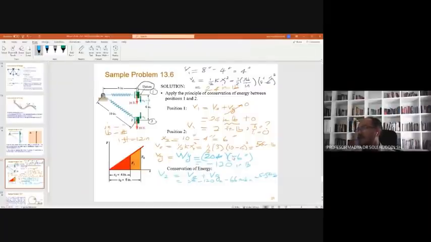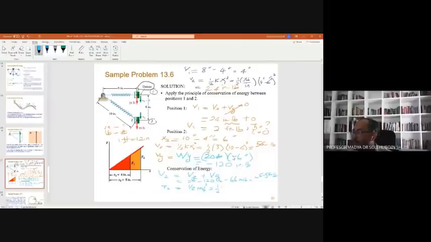We have done the second part of it, which is position 2. But we haven't finished yet for that one. We need to find T2 now. What is T2? You know that T2 is half mv2 square. So you have half times 20 pound.